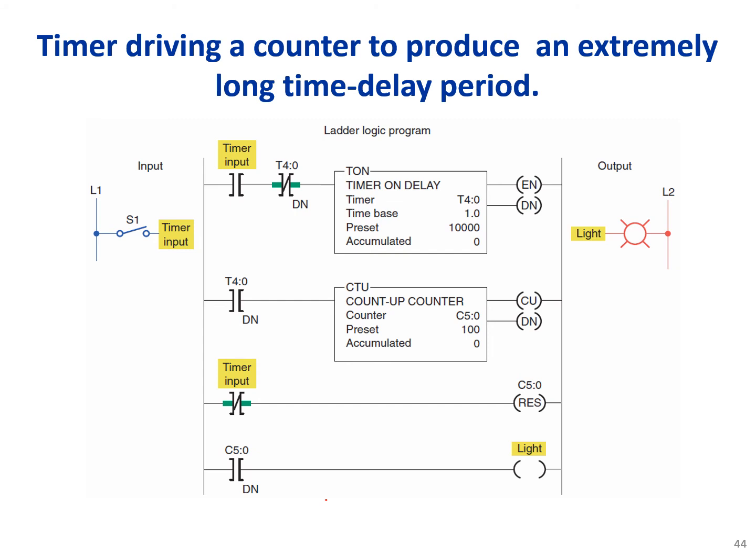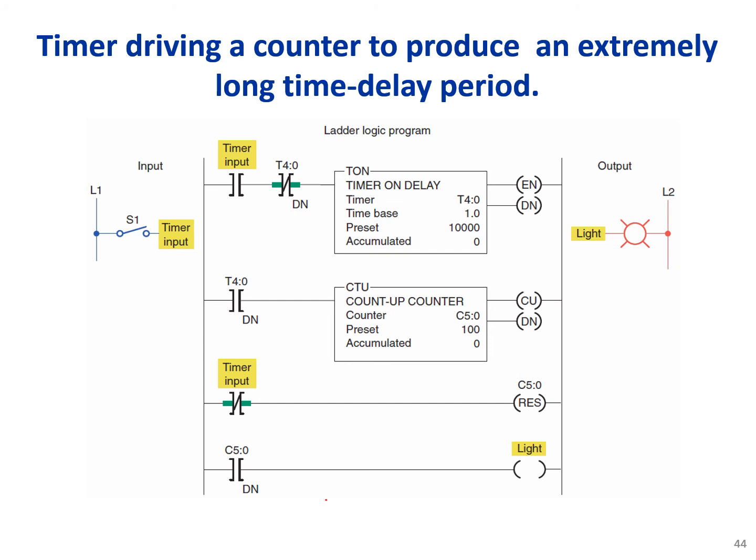So once the timer is finished and the done bit becomes true, the negated value will become false and it will reset the timer. The done bit becomes false, and then again it will time, and the accumulated value will go up, again reach 10,000 and the counter will count up.